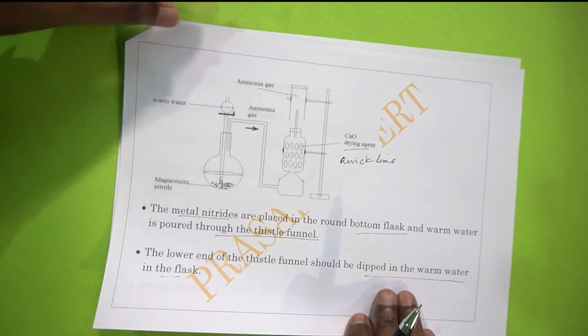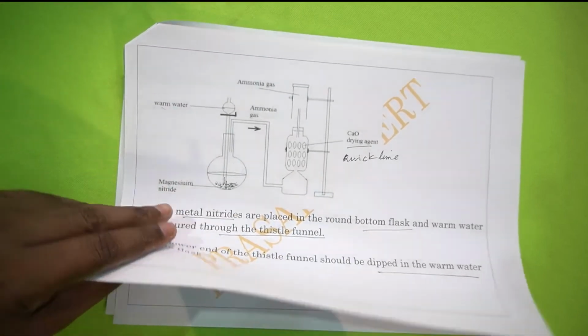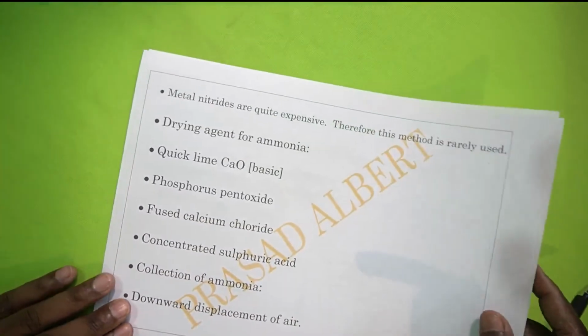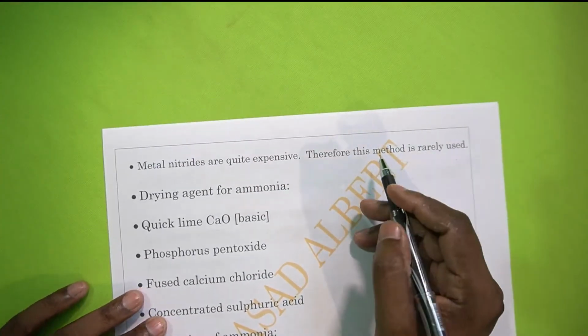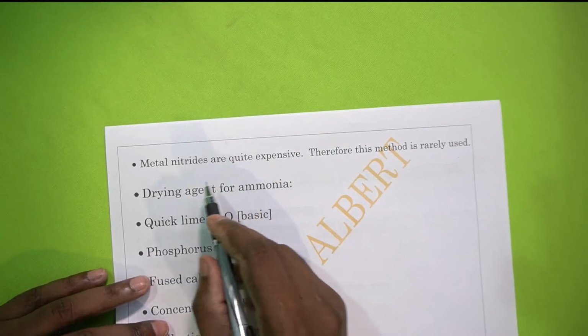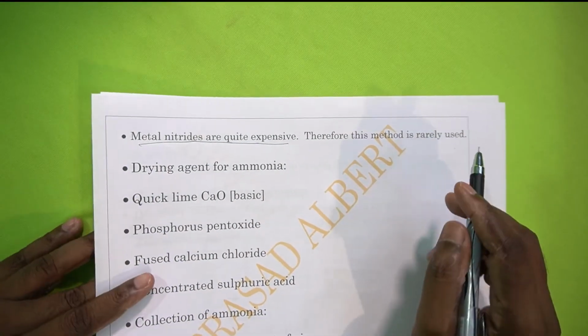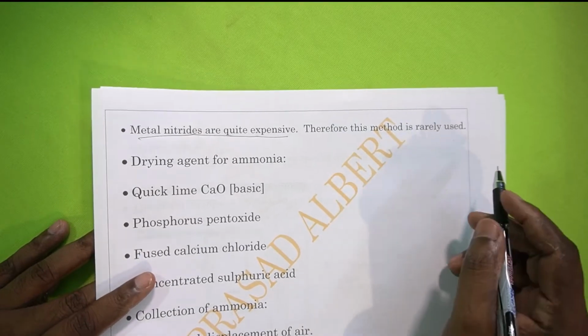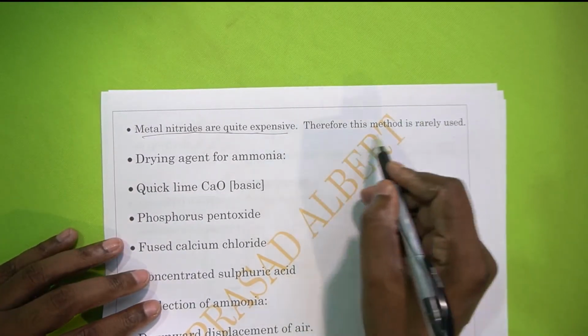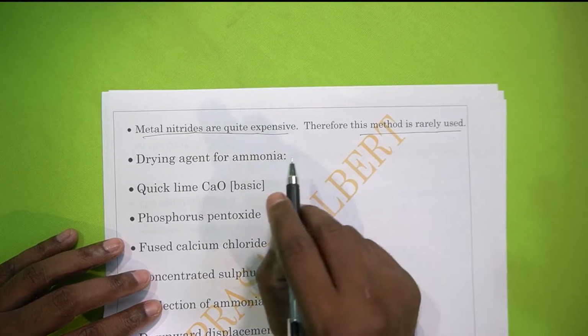We get ammonia gas coming out and it is passed through the drying agent. By the way, metal nitrides are expensive because producing metal nitride by burning in nitrogen is a difficult process, so this method is used rarely.